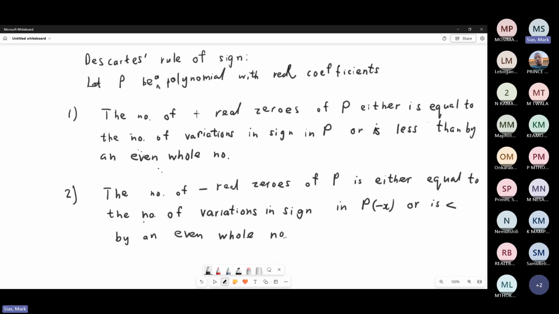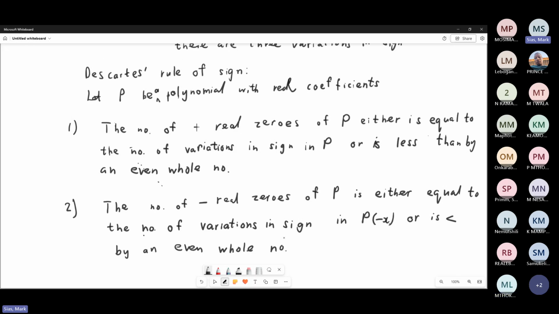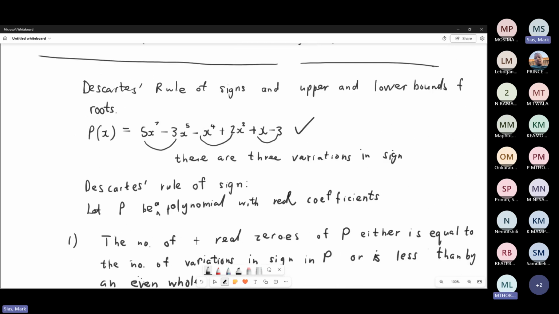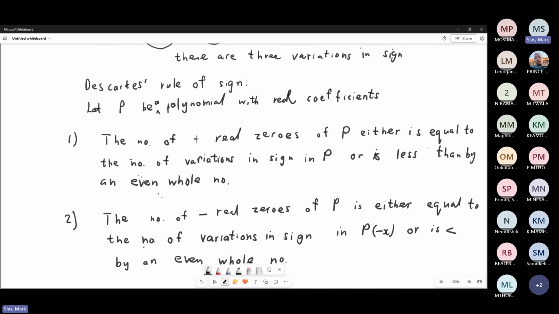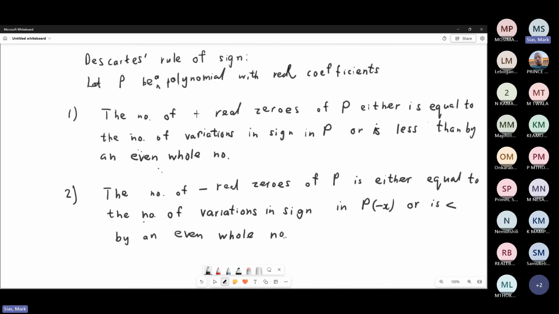So the number of real zeros of p either is equal to the number of variations in sign, which I've just shown you on top there. There we have 3 variations in sign after arranging the powers in descending order. So it's either equal to the number of variations in sign in P or is less than that by an even whole number, 2, 4, 6, 8, etc.